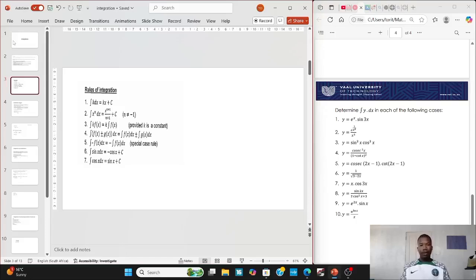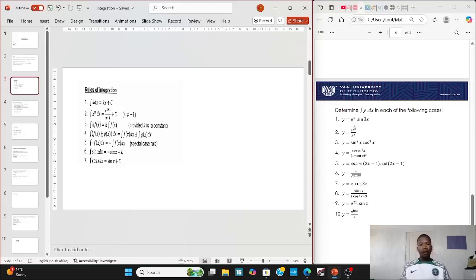Then you have the fourth rule, which says the integral of the bracket f of x plus or minus g of x dx is equal to the integral of f of x dx plus or minus the integral of g of x dx, right? The fifth rule, the integral of negative f of x dx is equal to negative the integral of f of x dx, which is a special case rule.